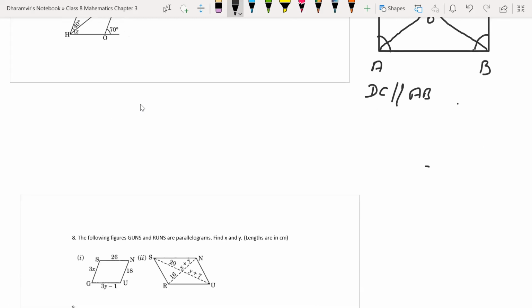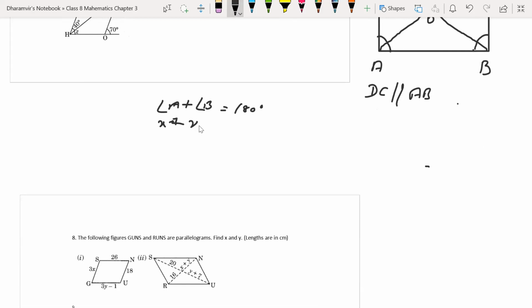As we know, the sum of angle A and angle B is equal to 180 degrees. Now let each adjacent angle be x.